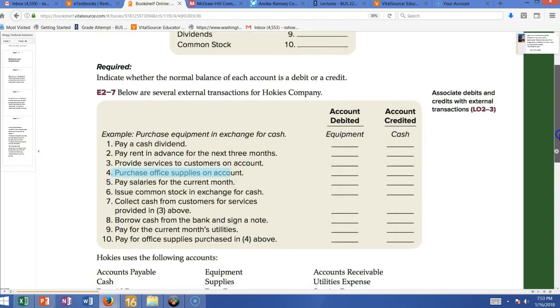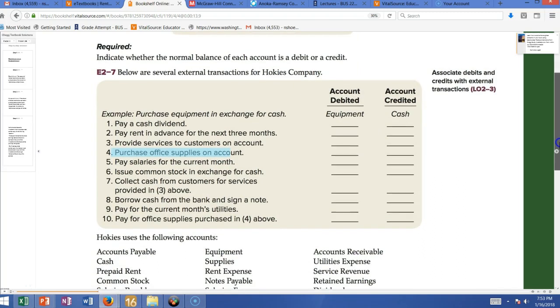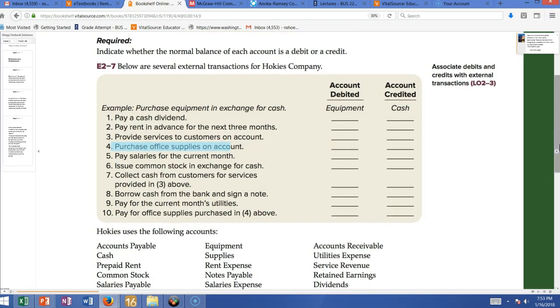Let's look at 2.7. Below are several external transactions. Is this okay, we're doing all these problems? I think it's the best way to learn, guys. I really do. So below are several external transactions for Hoki's company.